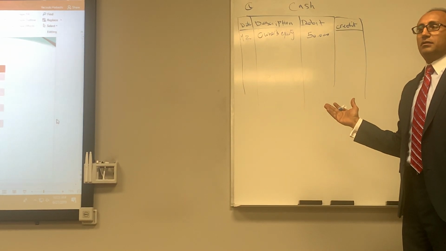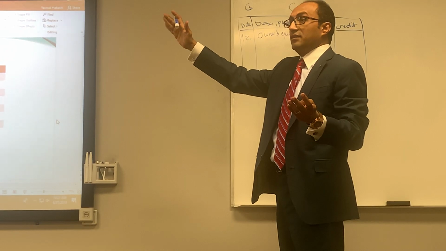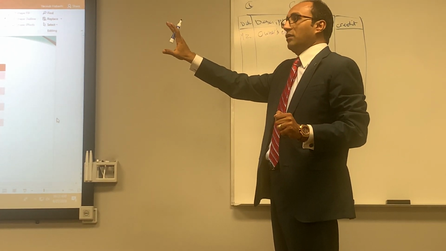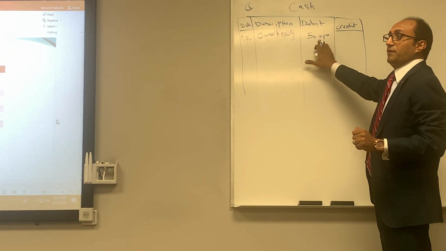That's it. Take the amount from the cash. I see cash here, debit or credit, debit side. How much? $50,000. So I put under the cash, debit side, $50,000.